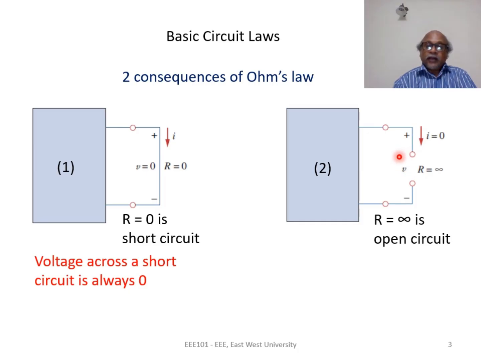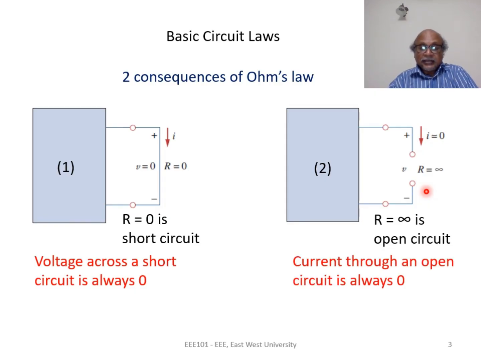So if we divide a finite voltage by infinite resistance, the current becomes zero. In a generalized way, we can state that the current through an open circuit is always zero. These are two important statements, and we will use these often to simplify our circuit analysis.